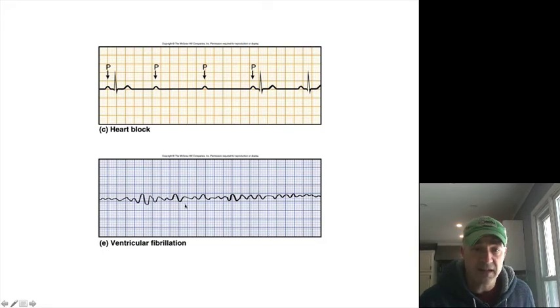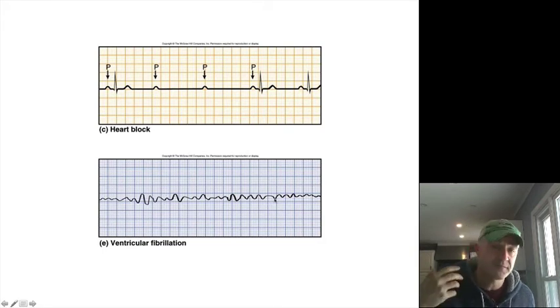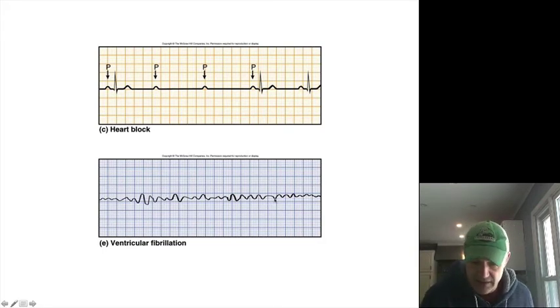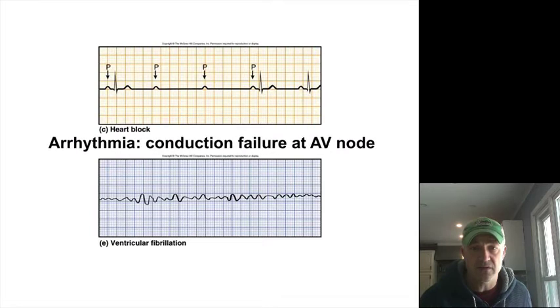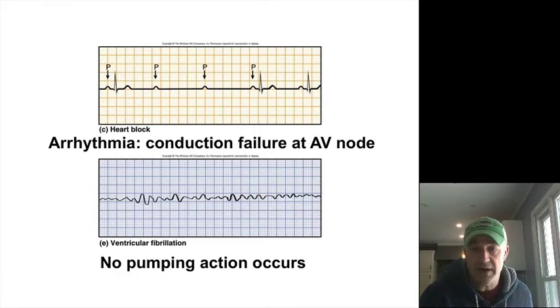If you were getting something like VFib, that is definitely a shockable rhythm. That's where you're going to want to do the clear with the paddles and get it zeroed out so we can hope the SA node takes over. And again, arrhythmia is something we don't want to have happening.